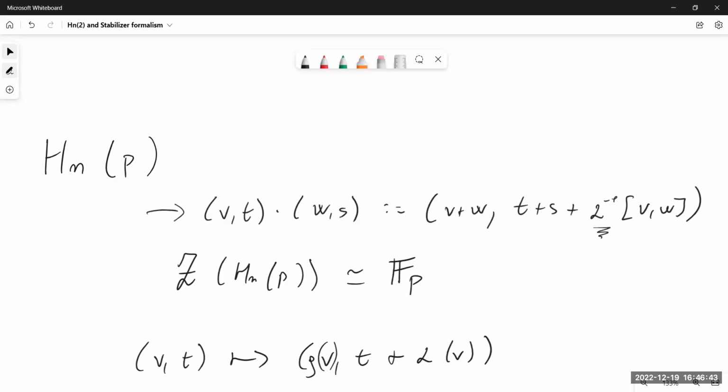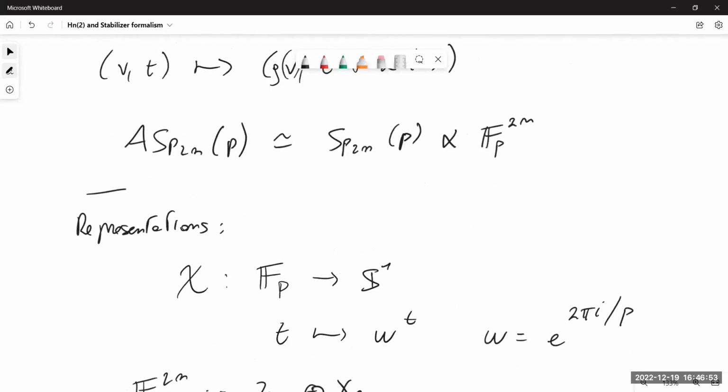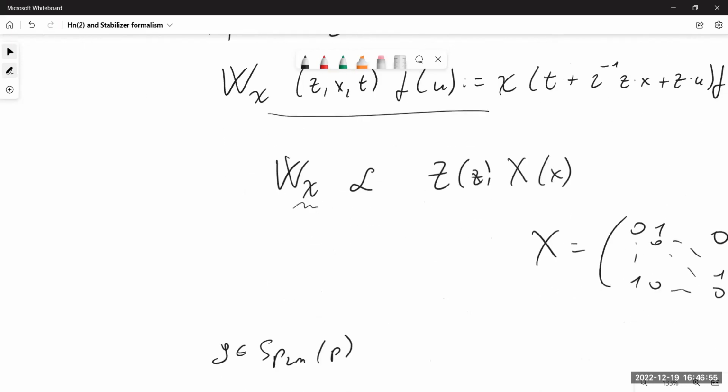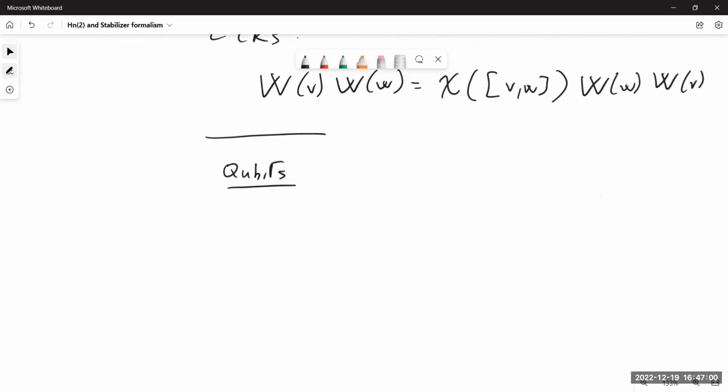So we need to modify this symplectic term in this case, and there are a couple of ways to do that, but I just picked the easiest one, I think.